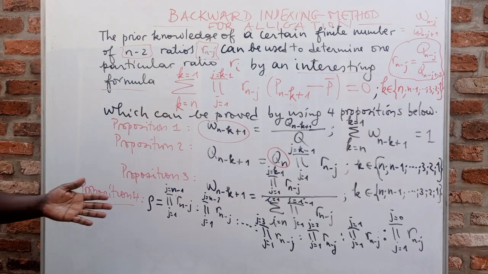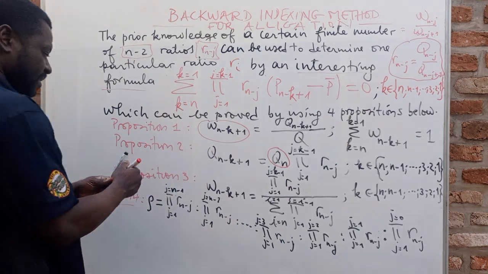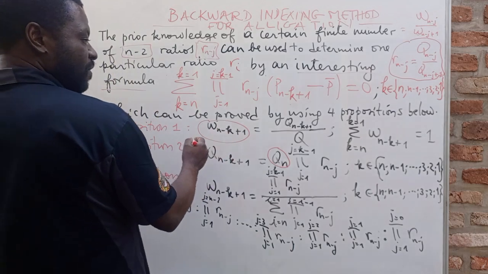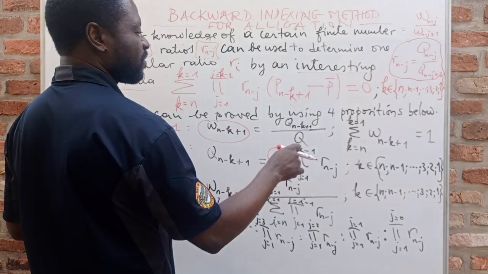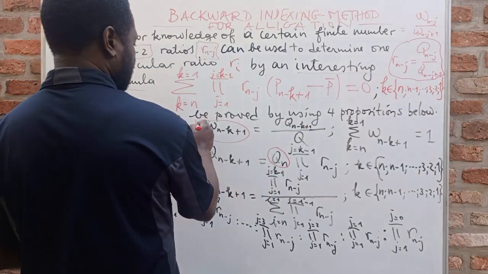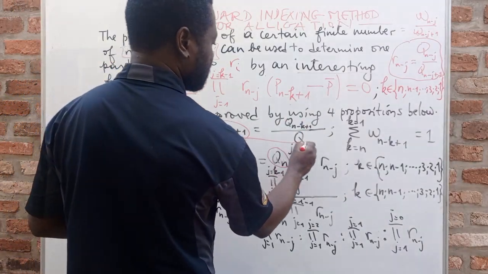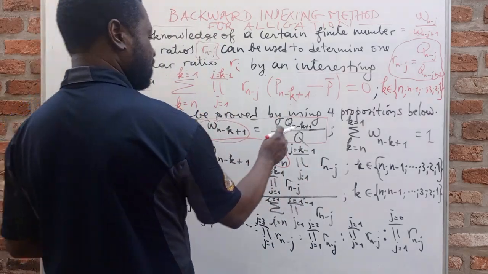So in this case, the first proposition is telling us that if we know the quantities for the components of the mixture, we can express the ratio, the fraction of each quantity.